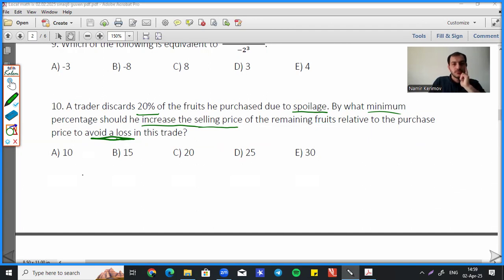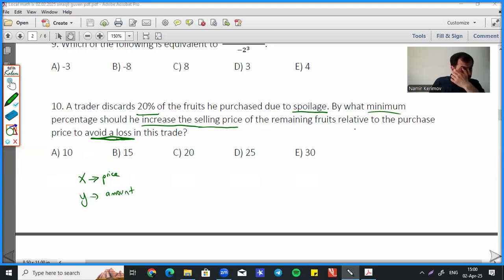Let's say X is the cost or the price. X price and Y amount.